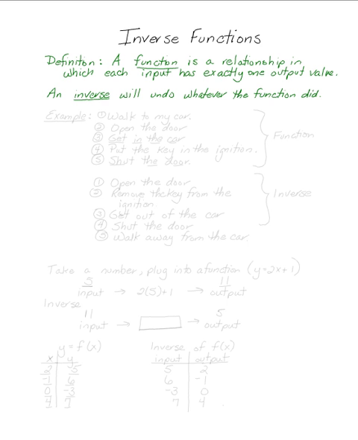So therefore, what I want to do is just kind of start with an example in words. My example is not mathematical at all. So for example, I walk to my car, I open the door, I get in the car, and I put the key in the ignition.